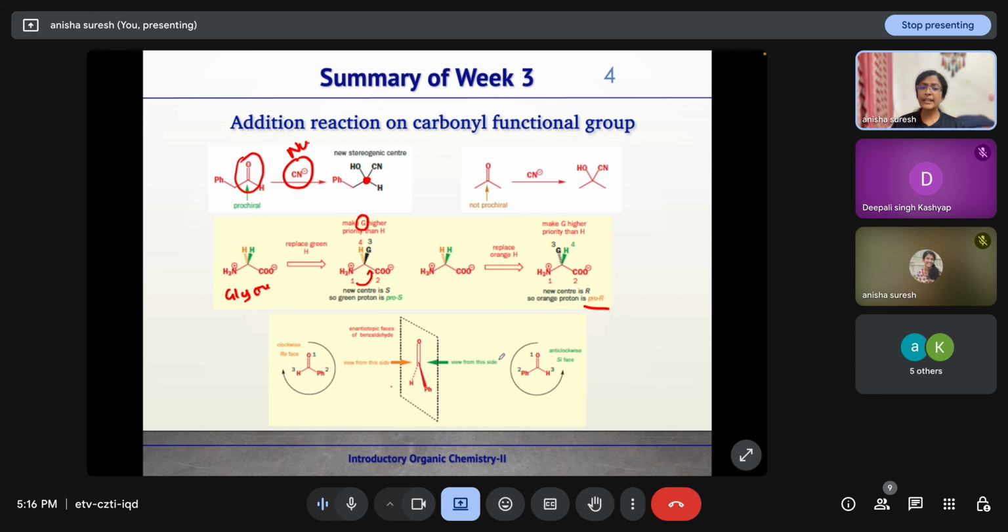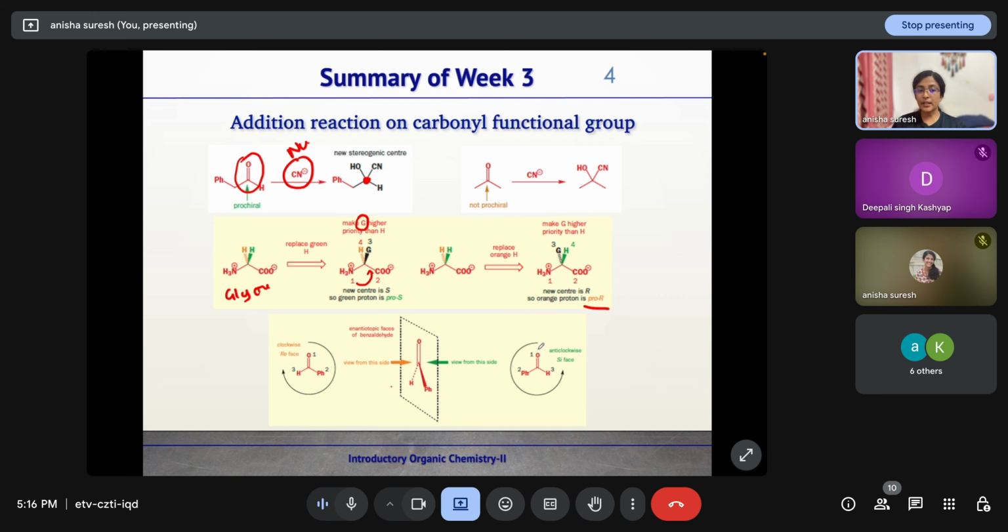Okay, and if the attack is taking place from this side, that is, we are viewing from this green arrow side, then the hydrogen is coming on our right hand side, the phenyl group is coming on our left hand side, and the carbonyl is placed at the center.